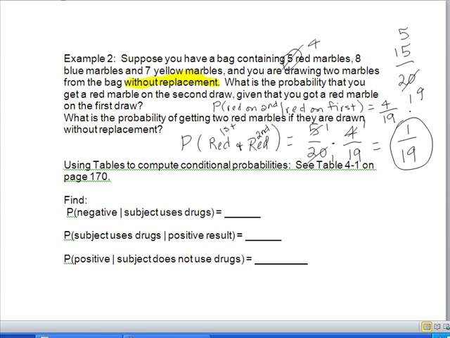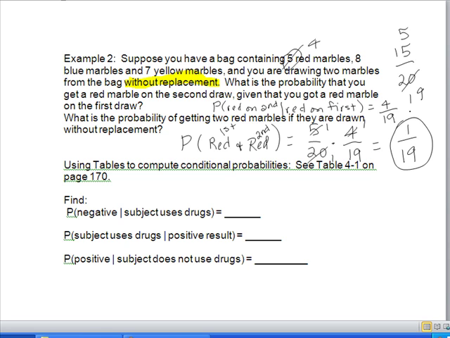Okay, now we're going to use a table from the textbook, and this table is found on page 170 in the book. I believe it's the same one that's found on page 165 in the exercises, and also as part of the chapter problem before section 4-1.